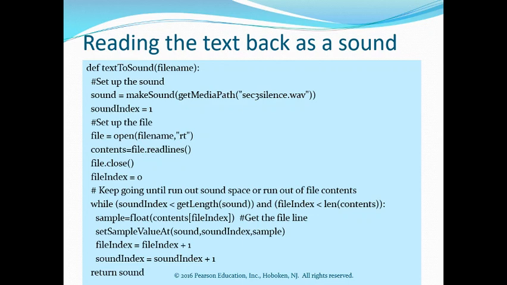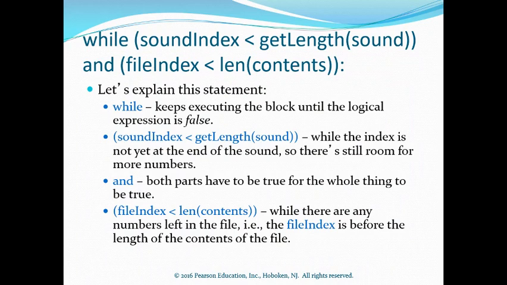It goes through and it sets the sample value of the sound file that we got above. It updates the indices in the sound file that we have, and then at the end it returns the sound. So in this case, we can actually read the text back from the file that we had. As previously we had the txt file of all the sound, we can actually read that back and create a sound object out of it.